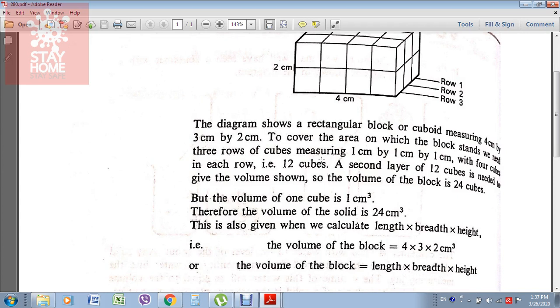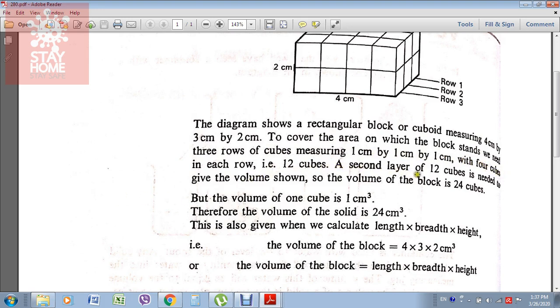For your convenience, I am going to read. The diagram shows a rectangular block or cuboid measuring 4 cm by 3 cm by 2 cm. To cover the area on which the block stands, we need 3 rows of cuboids measuring 1 cm by 1 cm by 1 cm, with 4 cuboids in each row, 12 cuboids.